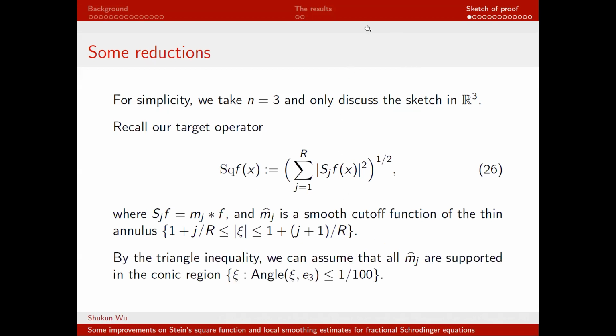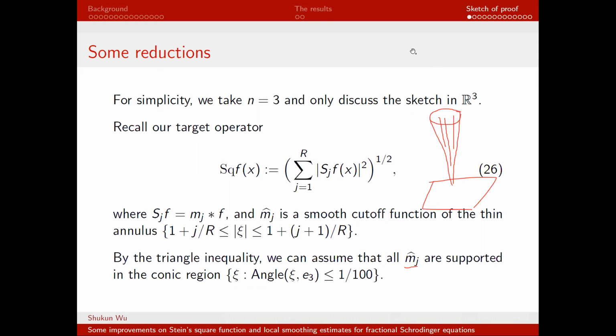By the triangle inequality, we can assume that all these Fourier multipliers are supported in a conic region. So any line in this conic region is transverse to the horizontal plane.